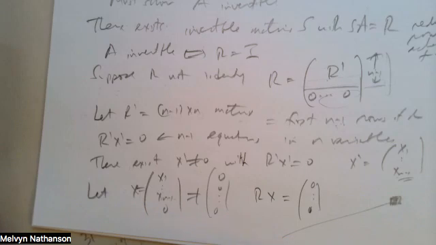A matrix is invertible if and only if the corresponding system of linear equations always has a unique solution for every right-hand side vector B. And a matrix is invertible if and only if it has a left inverse or a right inverse. So these are all important statements about matrices, which I certainly encourage you to think about. And the more you think about it, the deeper you understand what's going on, I guess.